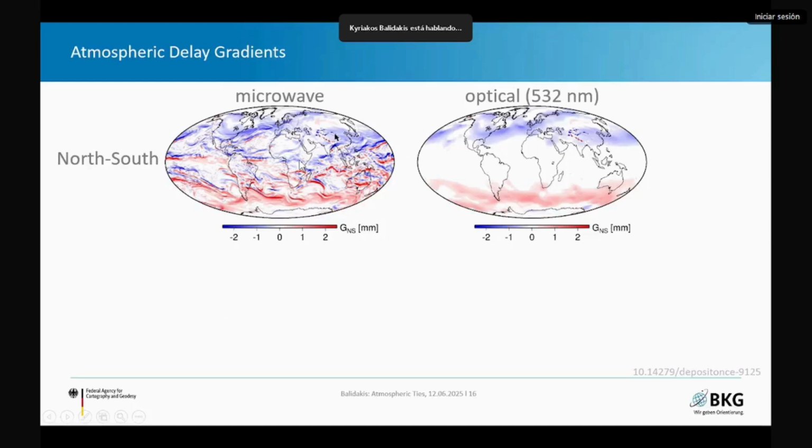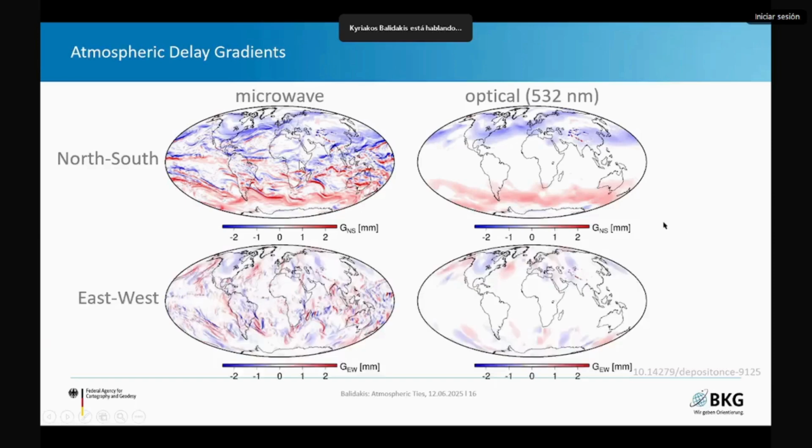This is because of the flatness of the Earth, and the fact that the depth of the troposphere is bigger at the equator compared to the depth of the atmosphere at the poles.